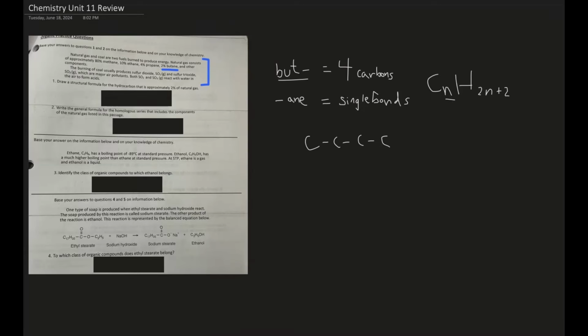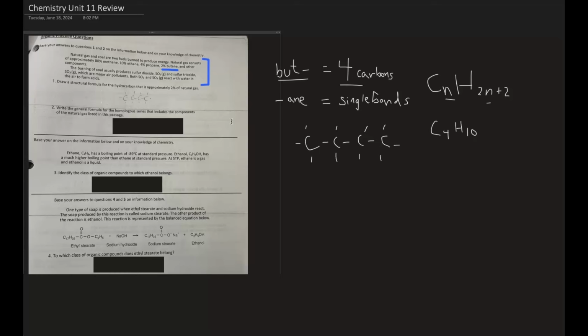So in our case, we would have C4 because we have 4 carbons. And then we just plug in 4 for N here. So we have 2 times 4 is 8 plus 2 is 10. So you have 10 hydrogens. Now it works out because if we just draw a hydrogen on each of these remaining parts on the carbon, we can see that we will have 10 hydrogens. So that is the structural formula.